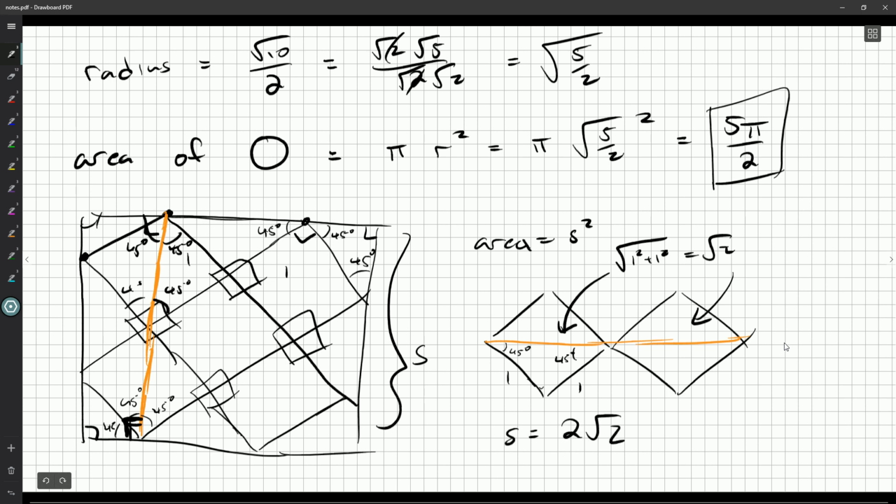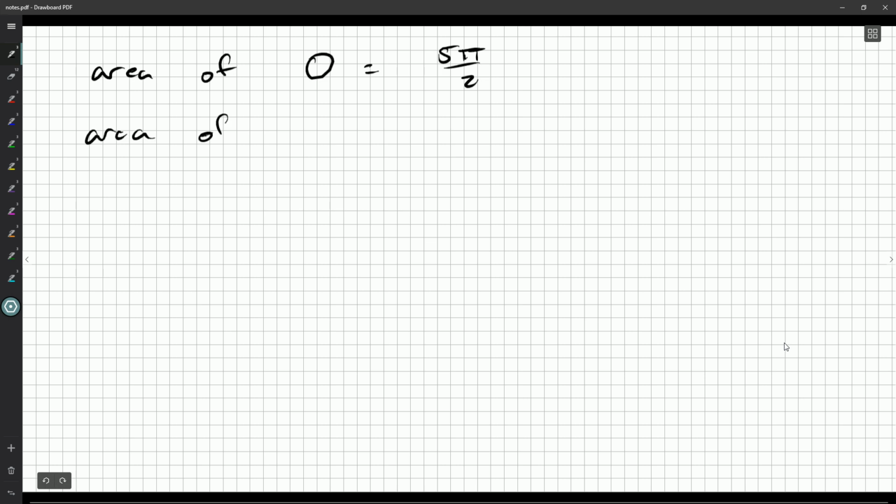So the side length of our square, the square that encloses the little cross, is going to be 2 root 2. So now the area, so the area of the circle was 5 pi over 2. The area of the square is 2 root 2 all squared, better known as 8.